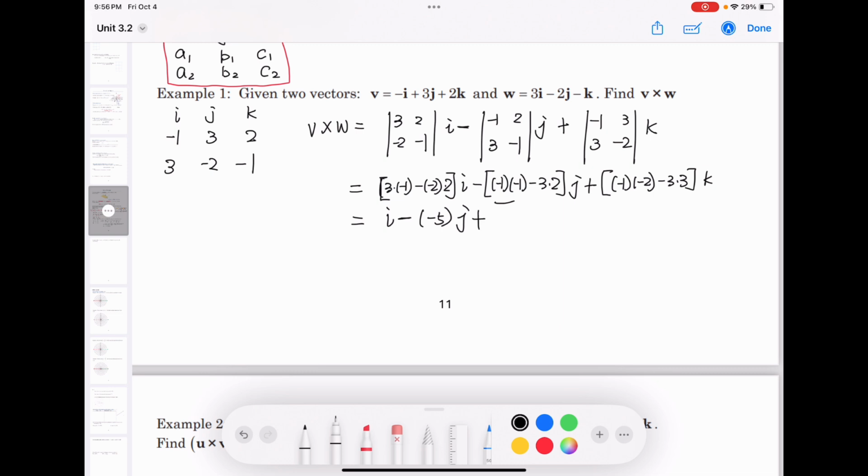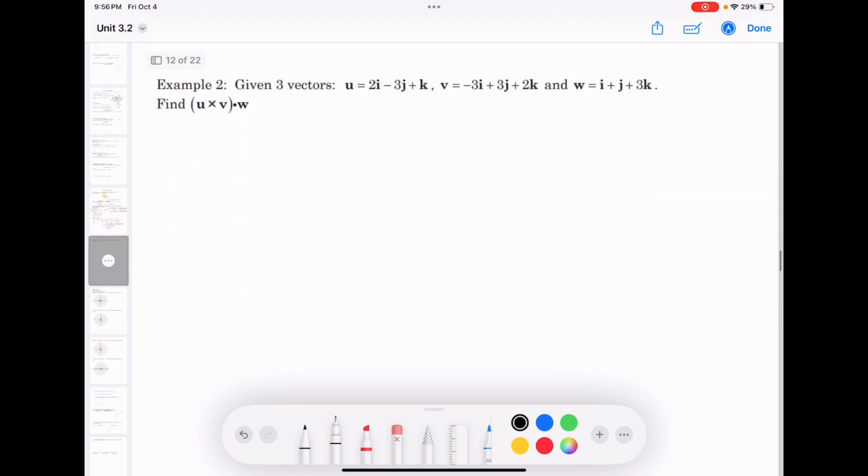In the brackets, we have positive 2 minus 9 is negative 7. So negative 7, K. So let's simplify the expression. We're going to have I plus 5J minus 7K. So we found the cross product, V cross W. It is a vector. Okay, let's see the next example.